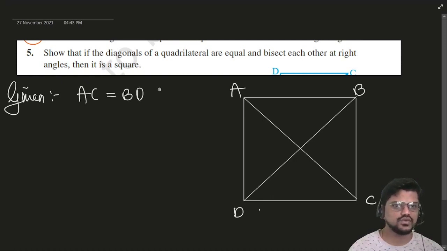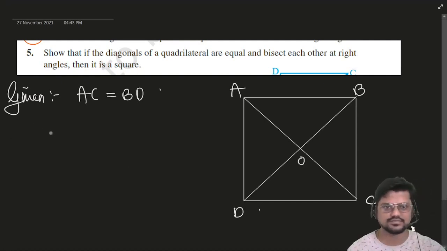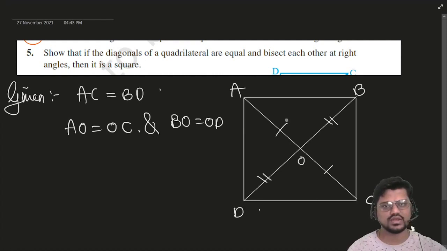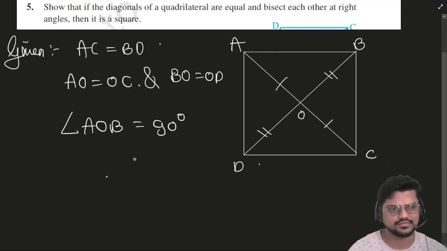Show that if the diagonals of a quadrilateral are equal and bisect each other at right angles, that means one more thing they have given is that AO equals OC and BO equals OD. They bisect each other. Also, you can say the angle is 90 degrees, that is angle AOB is 90 degrees. All these things they have given.